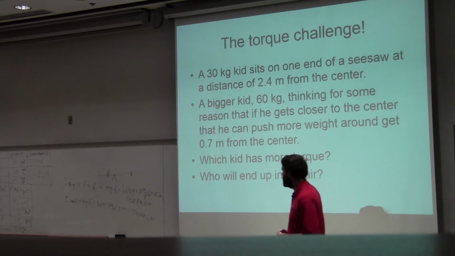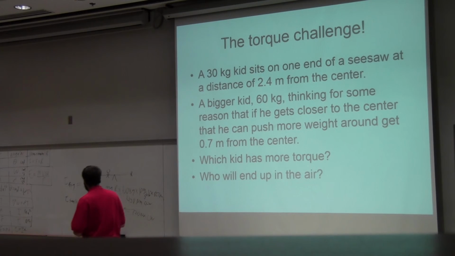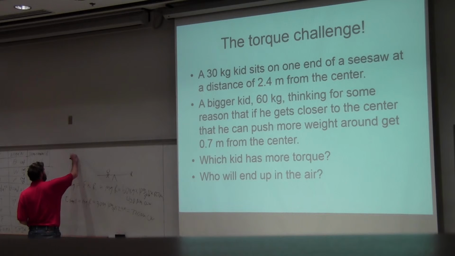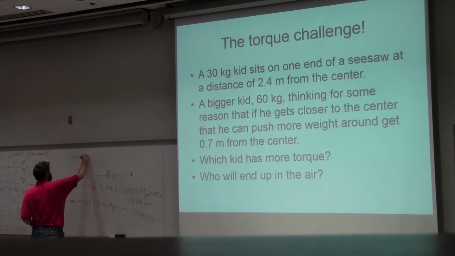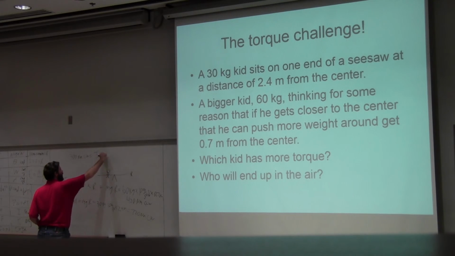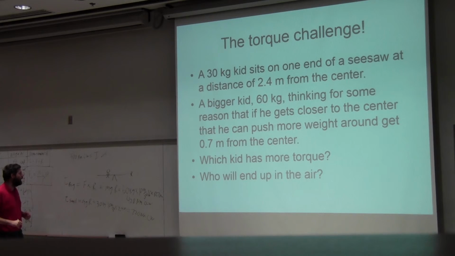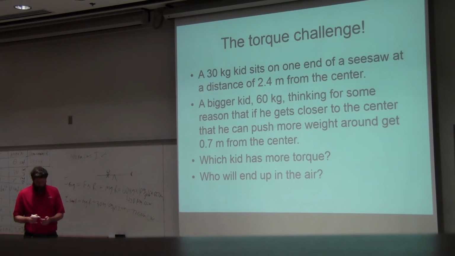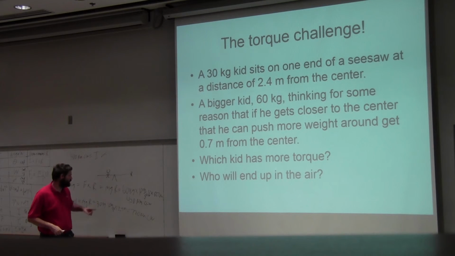I could then set that equal to I alpha and solve for alpha. I would have to calculate I, and in order to do this, I would just have to calculate the inertia of the beam plus the inertia of him plus the inertia of him.